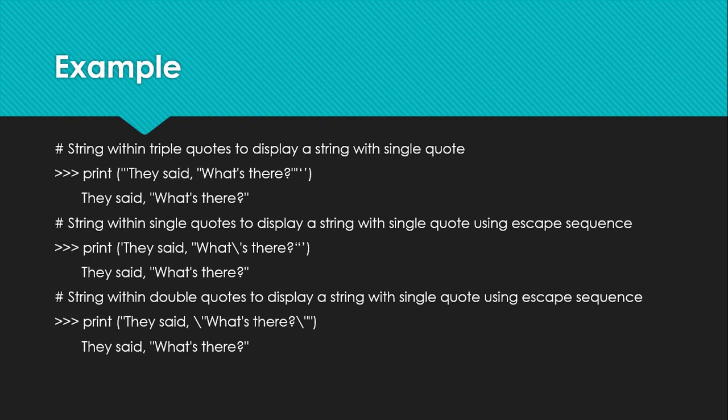Within the double quote you're going to have an apostrophe s, and this apostrophe s also could be with the backslash, but it need not be, because you've already enclosed the entire thing in double quotes. So this is just a simple example to show how we use strings using single quote, double quote or triple quote.